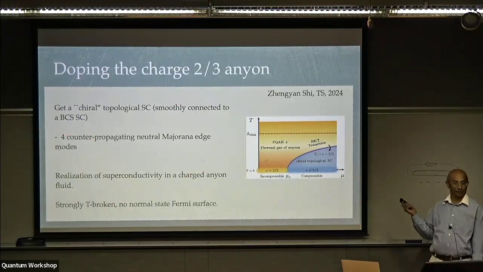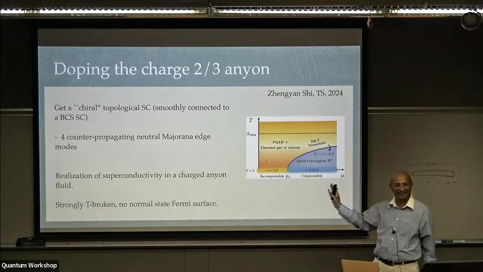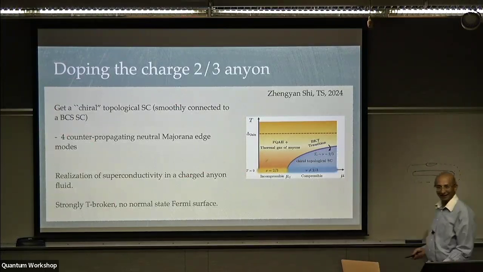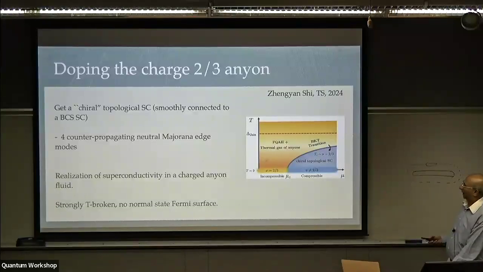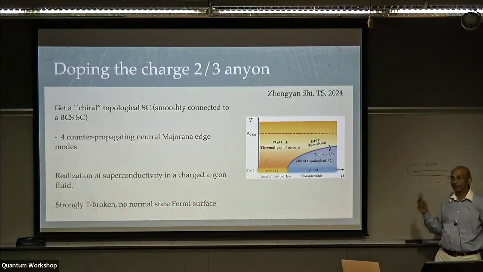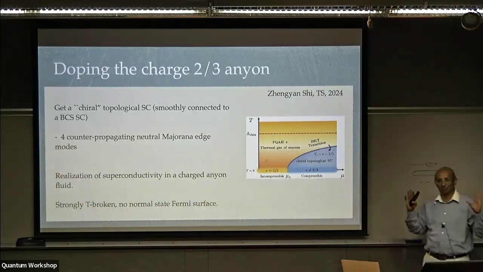So at least in this case, we only find this superconductor. I'll put money on this having h/2e flux quantization. That's what the theory gives in this case. So this is an example where we have a realization of superconductivity in a charged anyon fluid, but at the end of the day, the final superconductor is a conventional superconductor, conventional in the sense that it's a BCS superconductor.